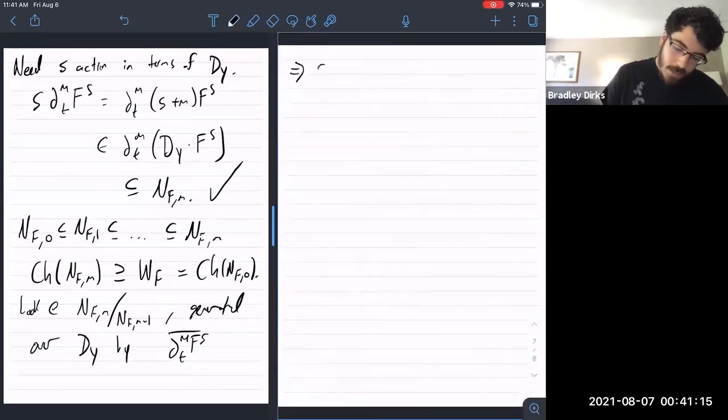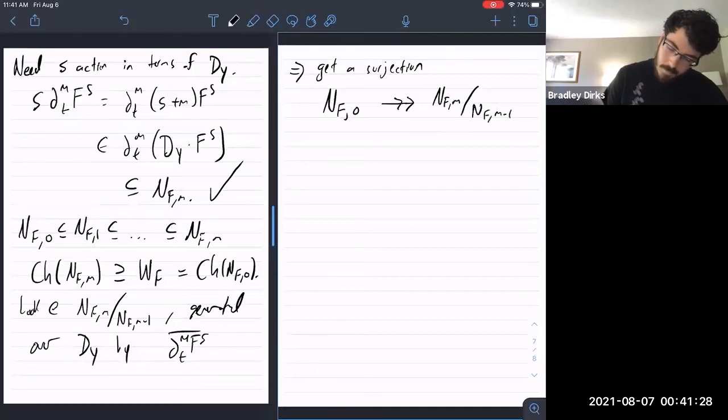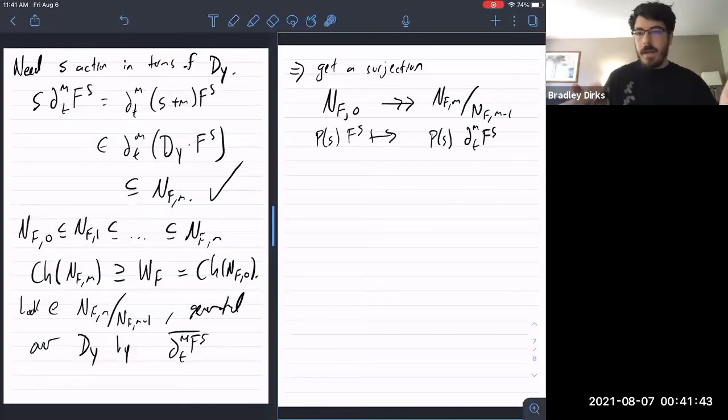But then that means we get a surjection of D_y modules from N_F^0 onto the quotient. So P s f^s maps to P s D_t^m f^s. Since these are both cyclic over D_y, we really just need to see that if something kills the left-hand side, then it also kills the right-hand side.